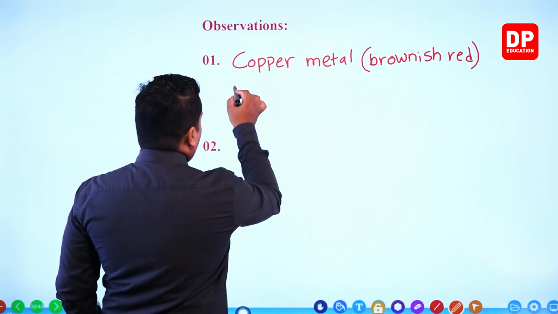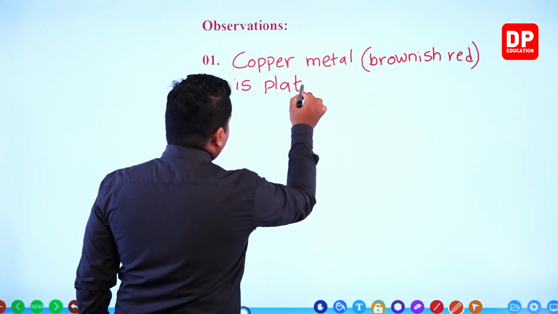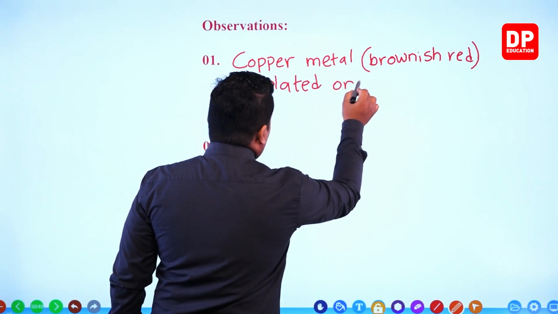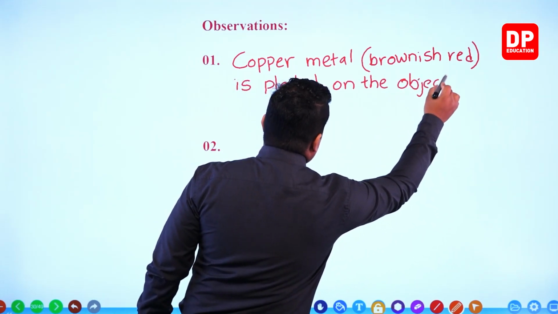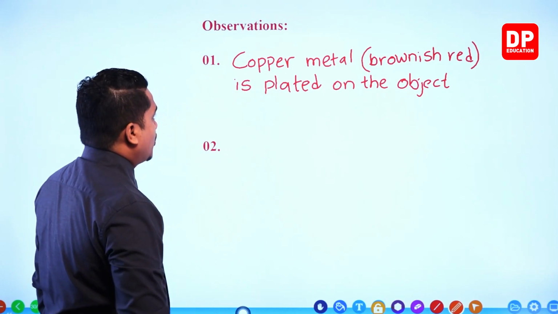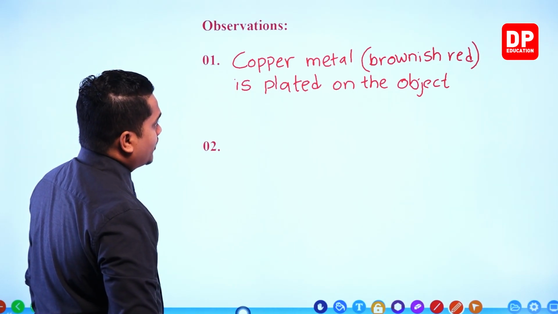So copper metal of brownish red color is plated on the object. This is the first observation. Copper metal, which has a brownish red color nature, is plated on the object.